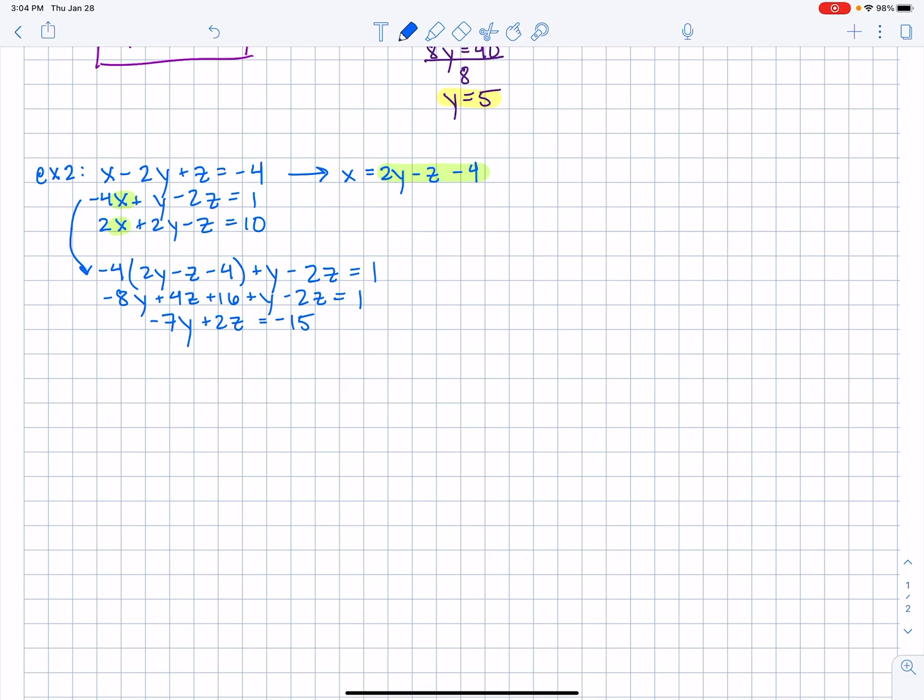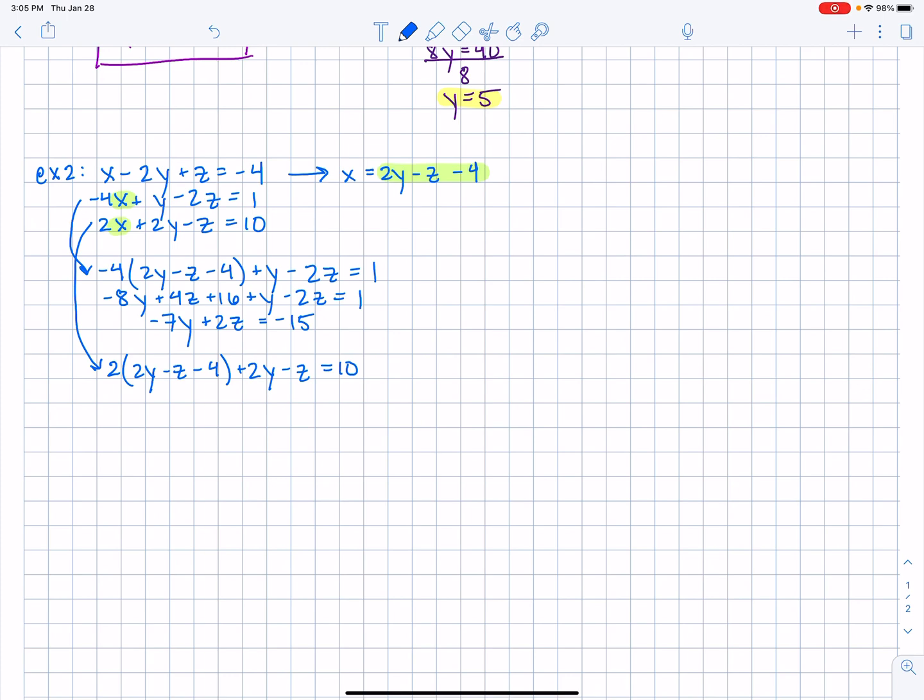Okay, now remember your goal is to get to a 2-variable system. I have one equation with a y and a z. I need my other equation with a y and a z, so we're going to substitute again. So 2 times 2y minus z minus 4 plus 2y minus z equals 10.